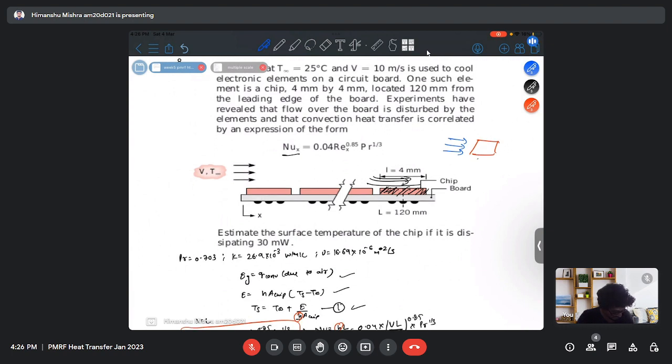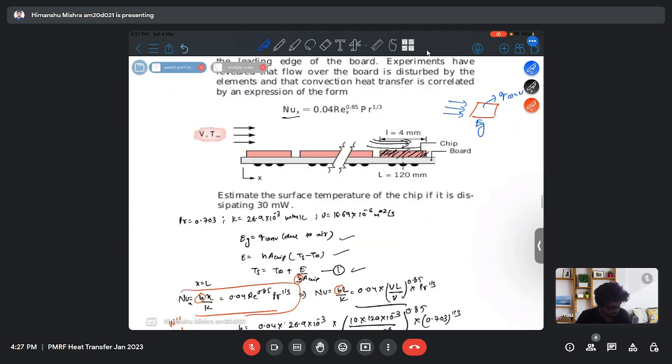And there will be a generation of heat which will be balanced by convection heat transfer. So any doubt? Okay, sir. Clear.